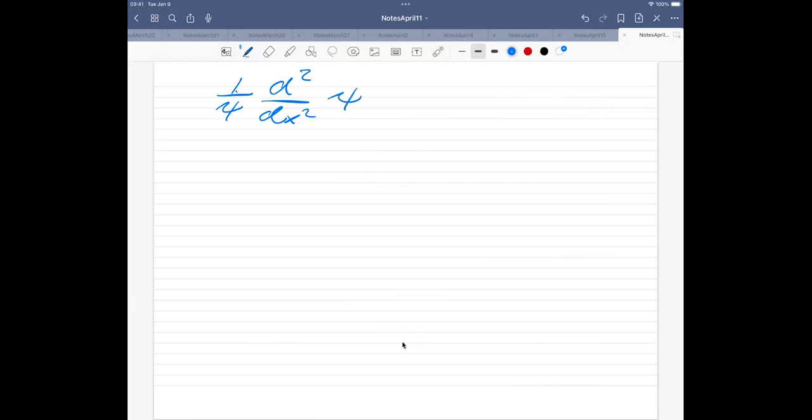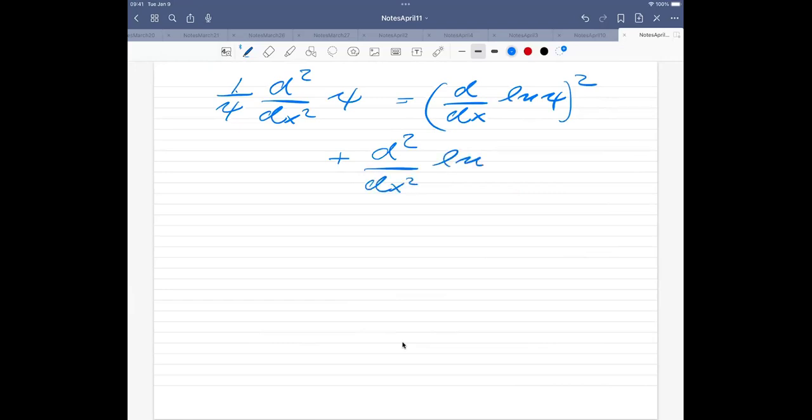And it's actually not so difficult to show, but you can show that this one becomes equal to d of dx of ln of psi, squared, plus d of dx squared of ln of psi. So you can just try it, and you will see that that's going to give you the same expression as you have on the left-hand side.